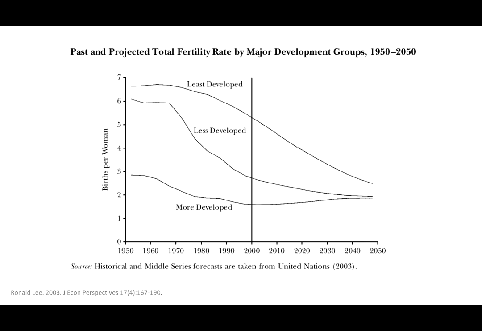Overall, for all three categories of economic development, total fertility rates are decreasing, while life expectancies were increasing in the previous graph. Total fertility rates are decreasing the most for the least developed and the less developed, and just decreasing a little bit for the more developed.